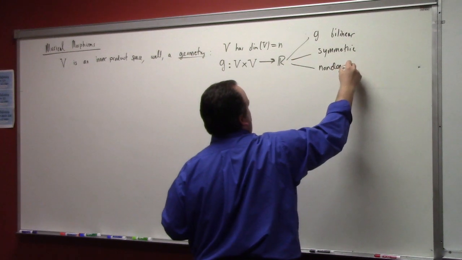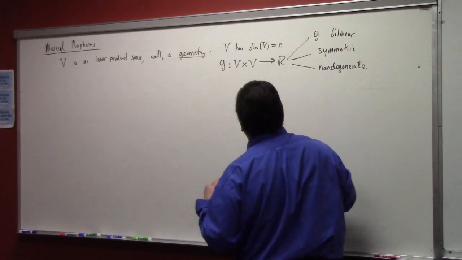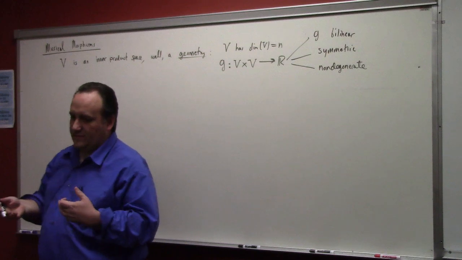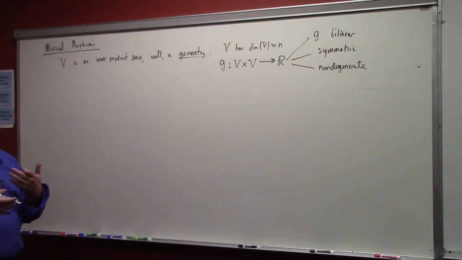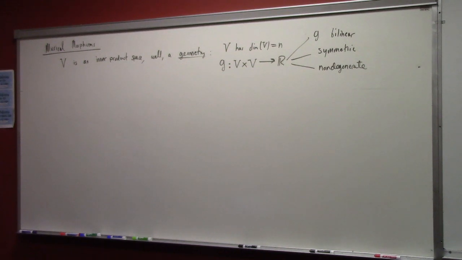So that's not an inner product. That's weaker than an inner product because the inner product has a positive definite condition, that G of x comma x is positive if x is not equal to 0. I make no such restriction here.